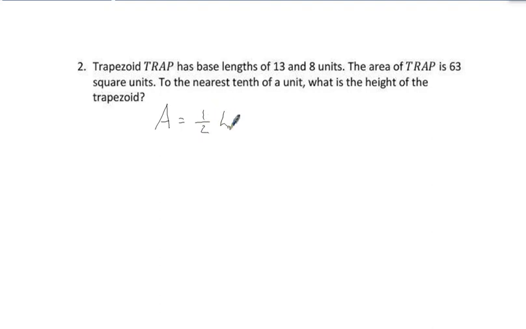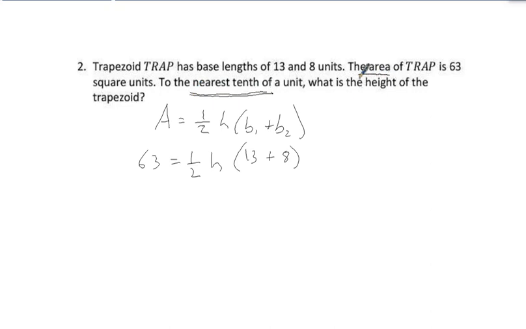The second question is basically the same thing. We're just going to change the shape. This time we're talking about a trapezoid. Again, the trapezoid formula, area equals 1/2 the height times the sum of the bases. Alright, they tell us in this problem the bases are 13 and 8.